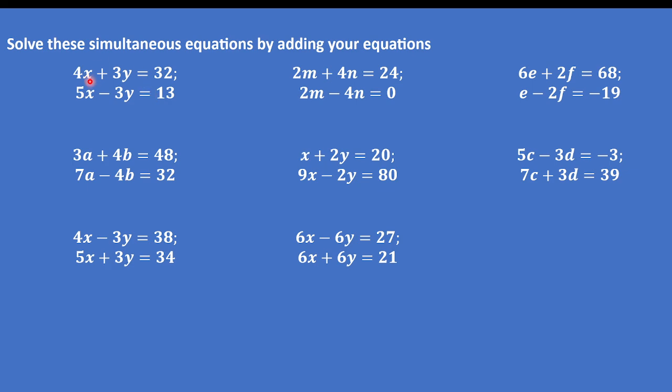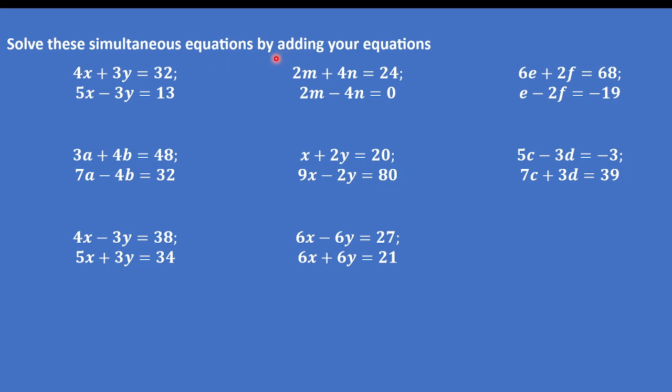After identifying the like terms, here we are going to focus on the sign. The signs are different in both equations. In all examples you can see both equations have different signs. So as usual, whenever we see different signs, we do addition. So here we simply need to do addition.